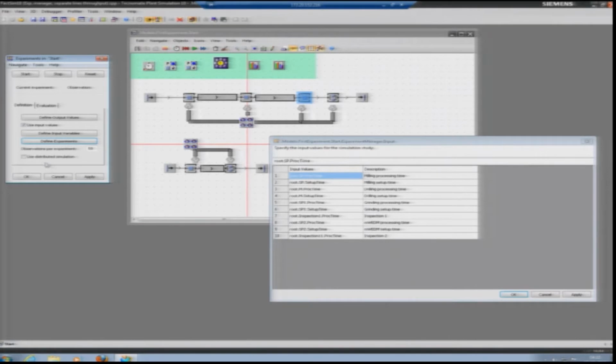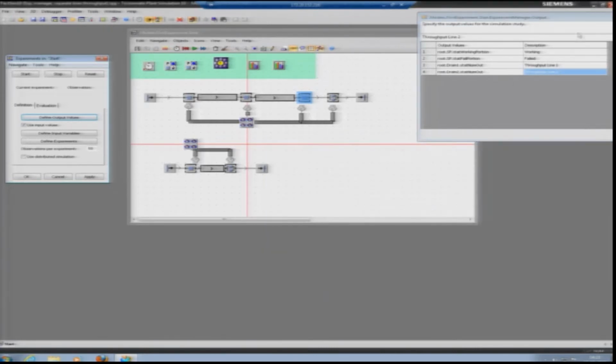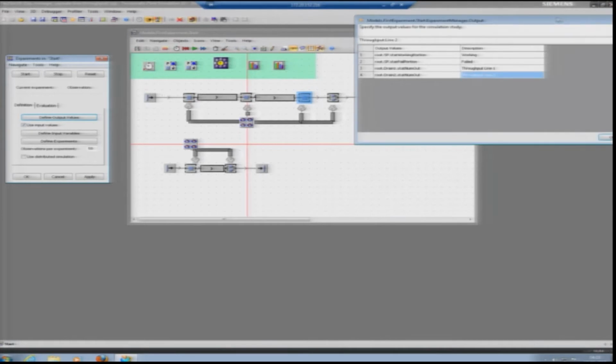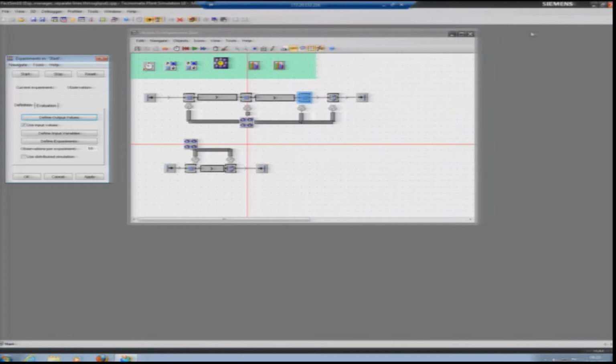Now, output values were also defined, that is the time for which the machines or the workers are working, the time for which they are failed, throughput of line 1 and throughput of line 2. These were the output factors that were selected here.